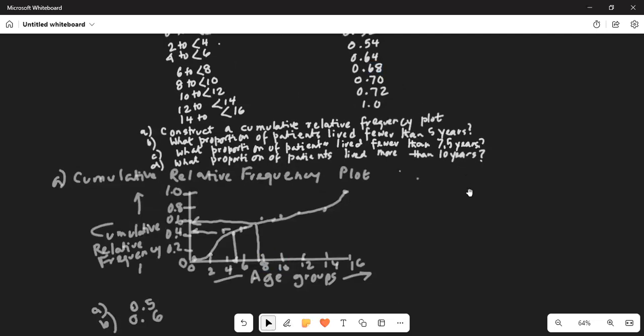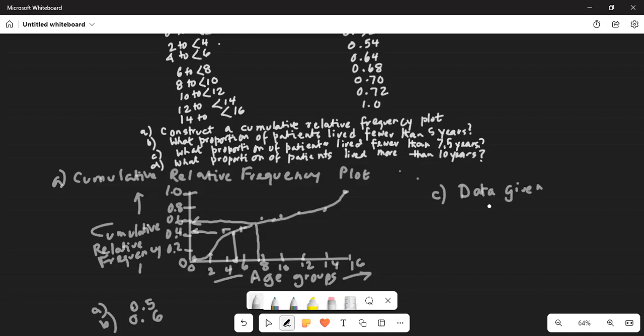So let me answer part C over here so that you can get to the table. So the data given: 8 to less than 10 years is 0.68 proportion.